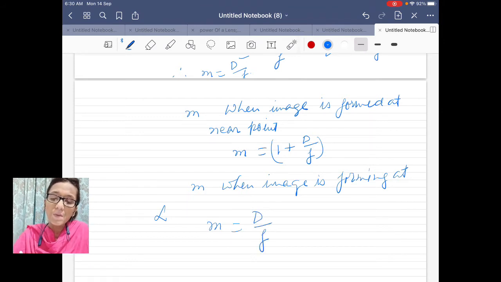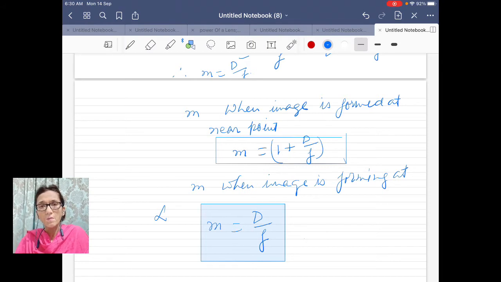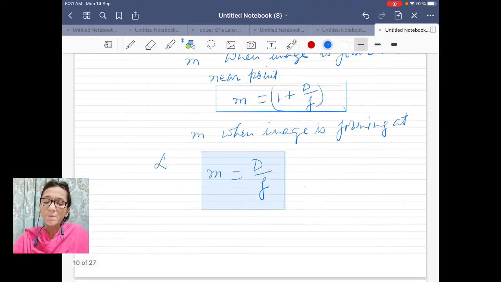So the image will be most magnified when the image is obtained at near point. When the image is obtained at infinity, you have magnification equal to d upon f. So this is about the magnification using a simple microscope, any converging lens.